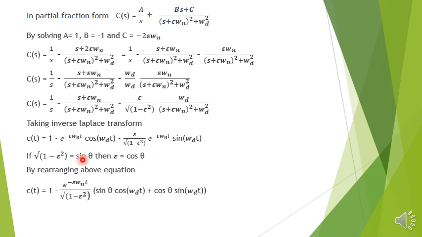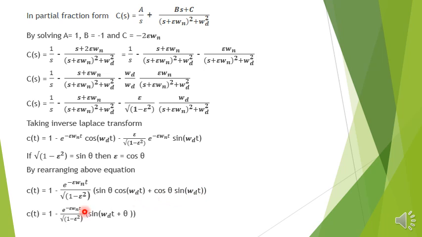Then by rearranging the above equation, what will happen? I will take the common denominator outside: e to the power minus zeta omega n t divided by root of 1 minus zeta square into, what is this? Sin theta cos omega d t plus cos theta sin omega d t. Sin a cos b plus cos a sin b is equal to sin of a plus b.